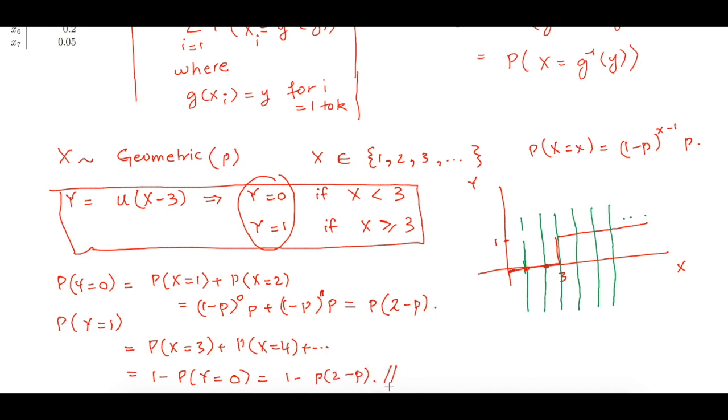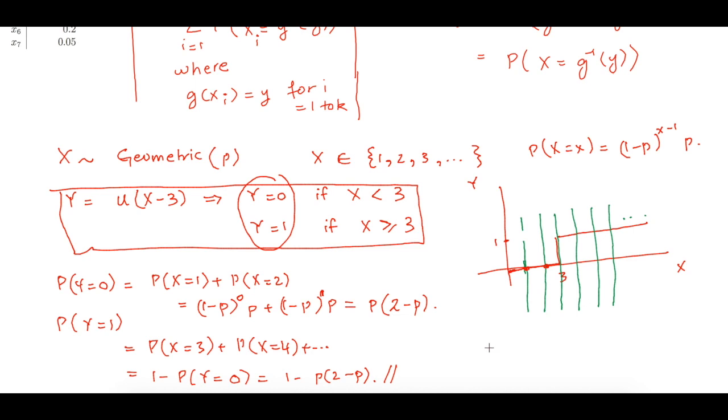Okay, so this will be our probability mass function for y, given we have this mapping for y from x and we have x as a geometric random variable. Okay, so now as a summary, what we have done is we have formulated a way to find the PMF of y when the PMF of x is given and a mapping from x to y is given.